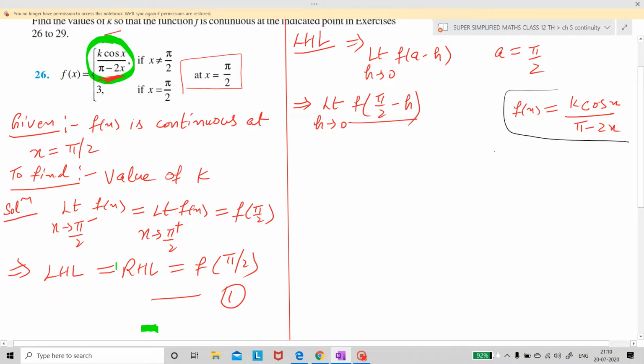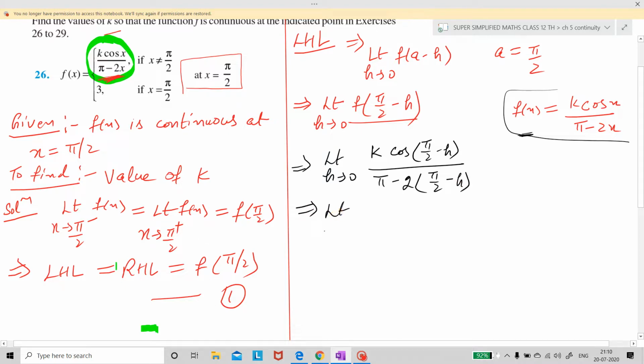And now if you have to find the value of f of pi by 2 minus h, in this expression replace x by pi by 2 minus h. So you get limit h tends to 0 k cos, and replace x by pi by 2 minus h, upon pi minus 2, again replacing x by pi by 2 minus h.